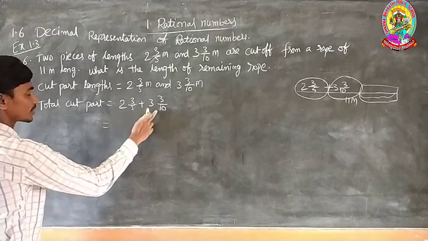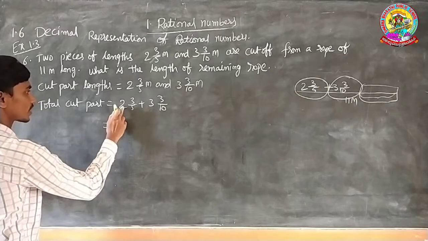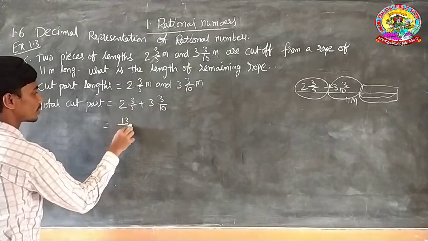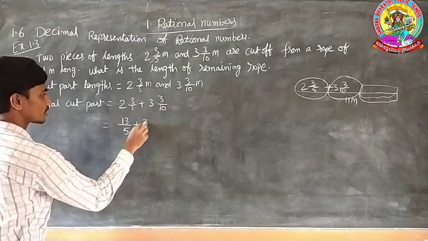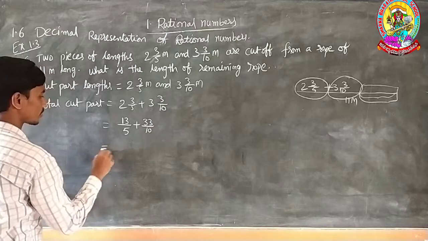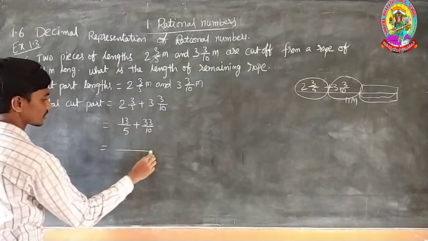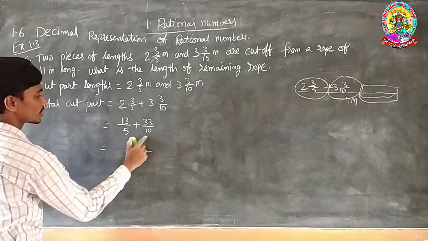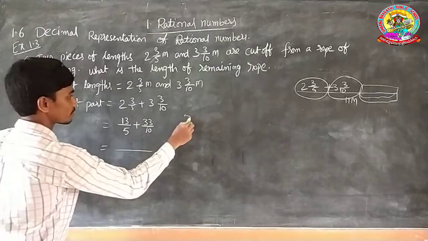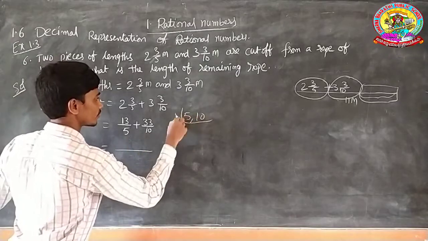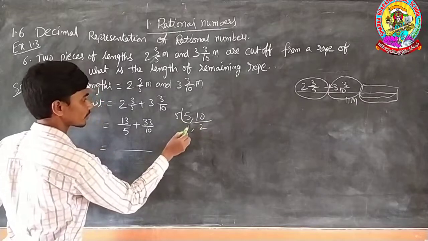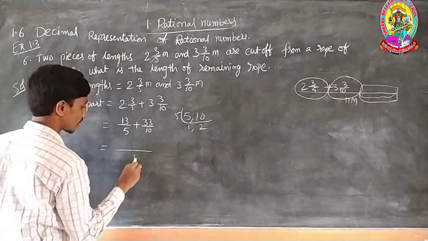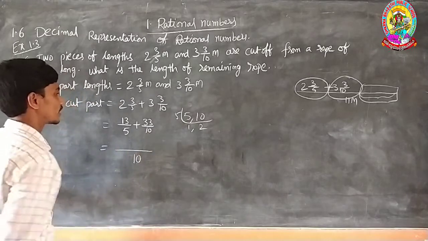These two are mixed fractions, so convert them into improper fractions. 5 2s are 10, 10 plus 3, 13 by 5, plus 10 3s are 30, 30 plus 3, 33 by 10. Here both are unlike fractions, so find the LCM. In the 5 table, 5 cancels by 1 time, 10 cancels by 2 times, there is no common table. 5 1s are 5, 5 2s are 10, so 10 is the LCM of 5 and 10.